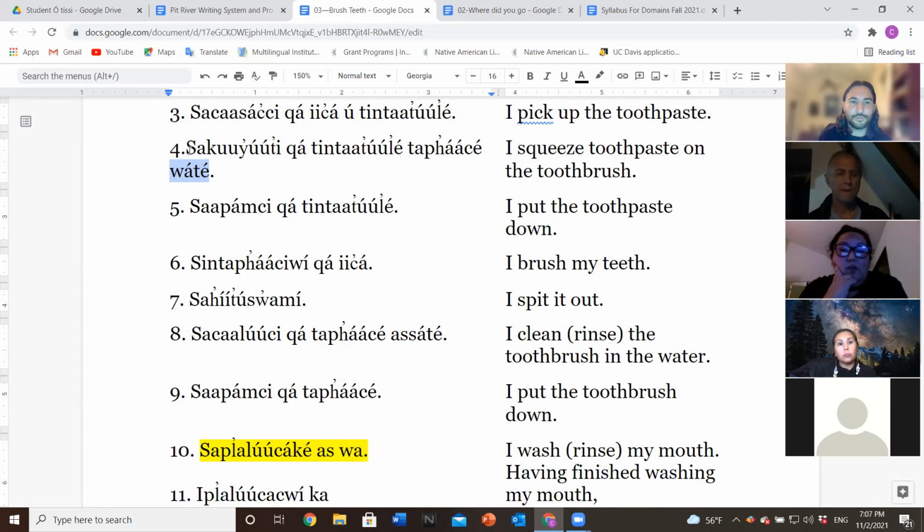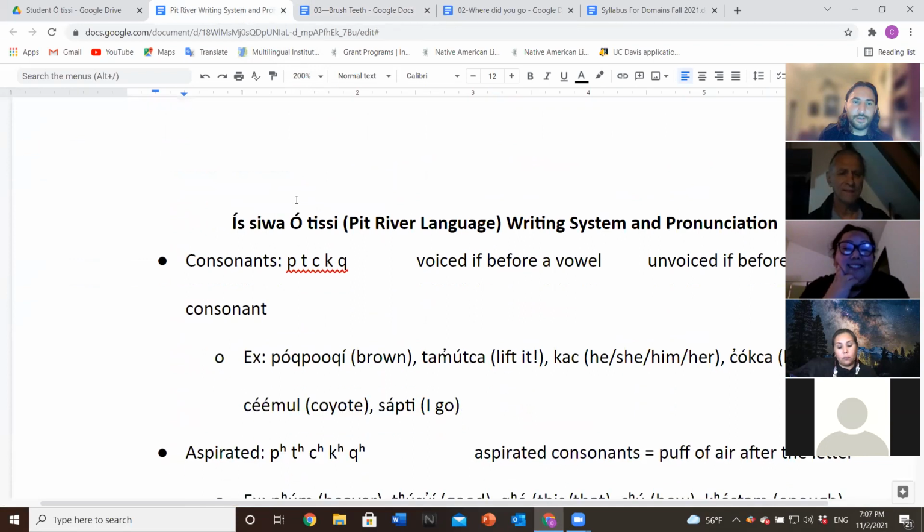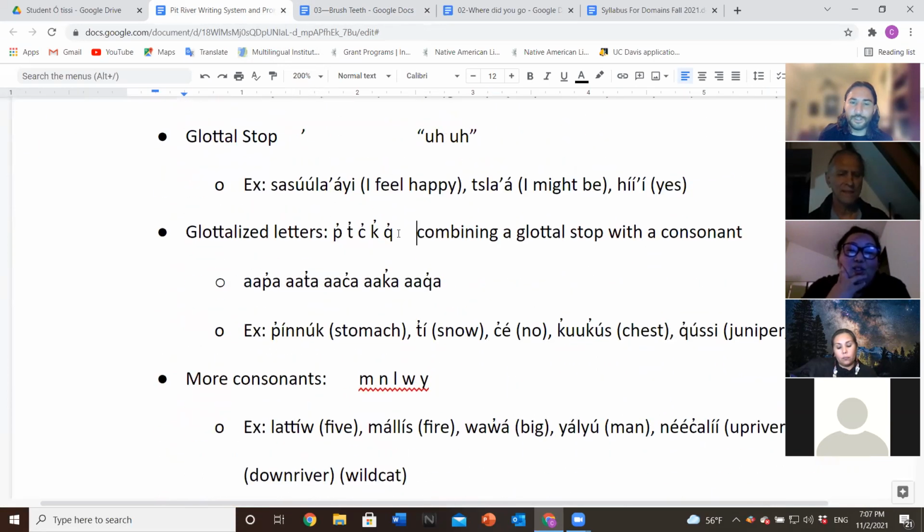So on the last T in Saga U T, that's a D sound, right? It's before a vowel. Sagu yuti. It's a glottalized T. See the little mark above it? But it's before a vowel, so isn't it the D sound? But it's a glottalized T. Oh, so that's a different sound? Yeah, we went over the glottalized letters.